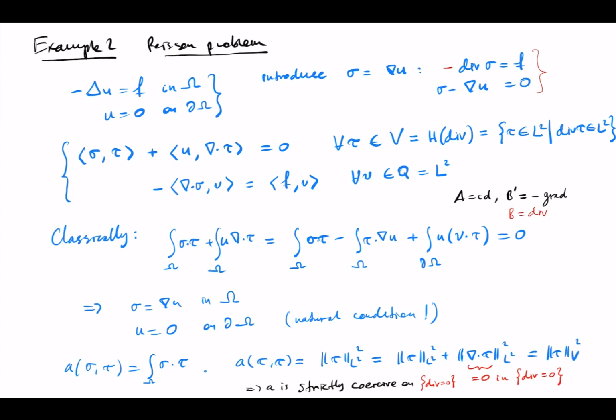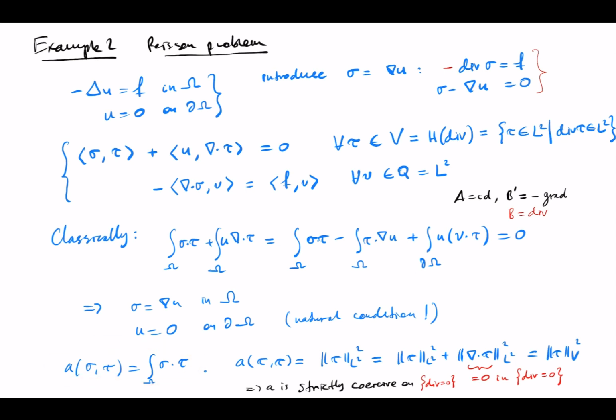Here is an interesting situation: for the Stokes problem, this A was strictly coercive on the whole space without even restricting to the kernel of B. But in this situation, we really need to restrict, otherwise this is not coercive.